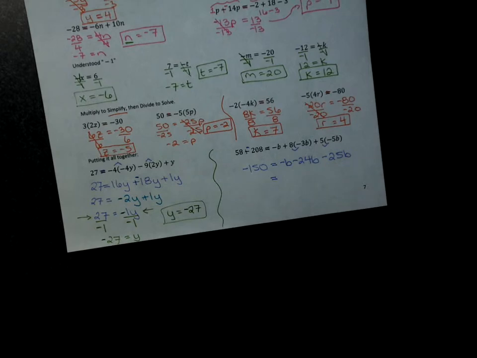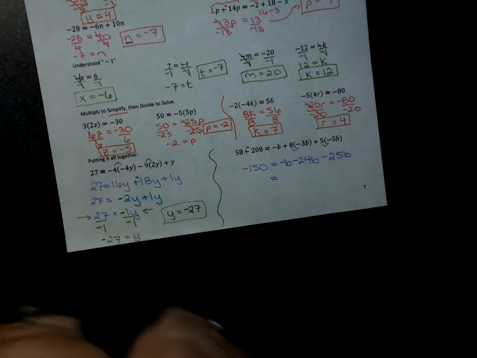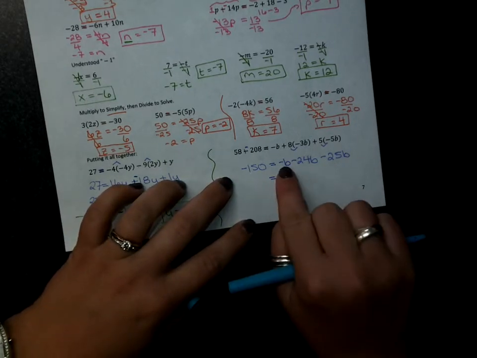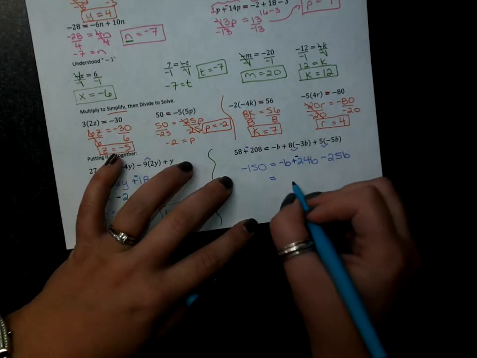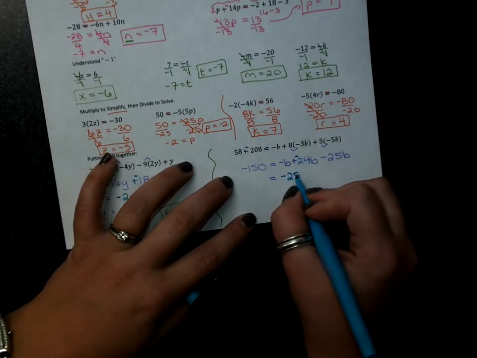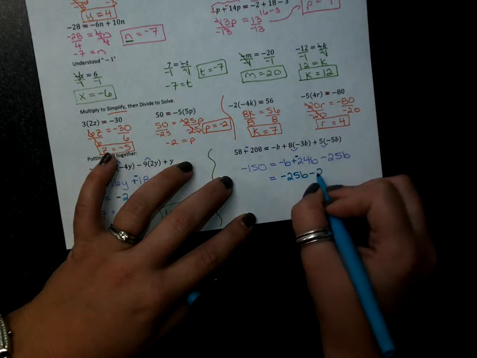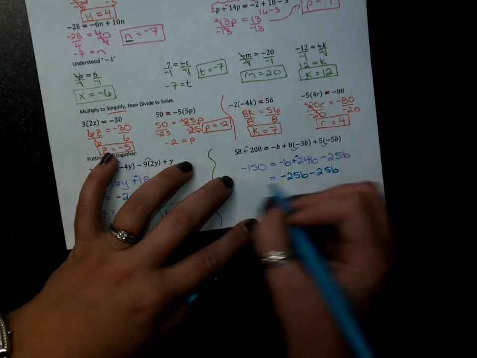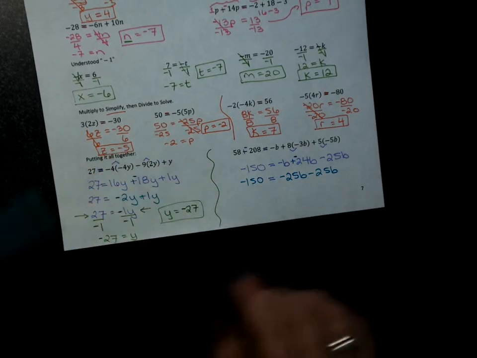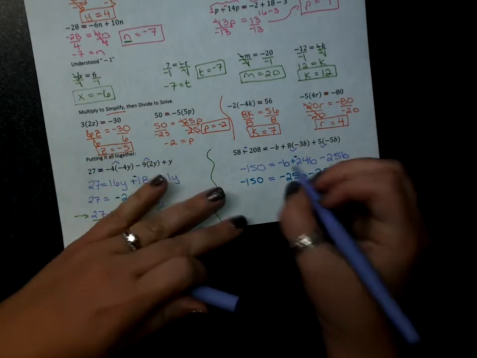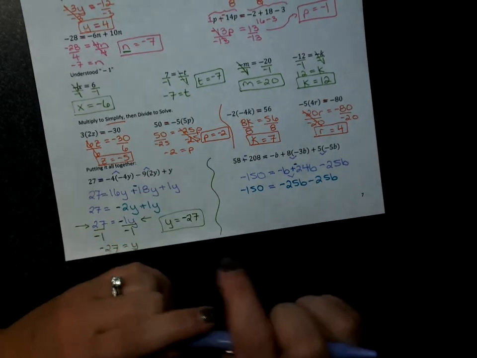So we can, let me change colors again. You have negative 1b minus 24b. You can keep change. That should give you negative 25b, and then I'll bring down this negative 25b, and it still equals 150. So all I did there was combine those two together.